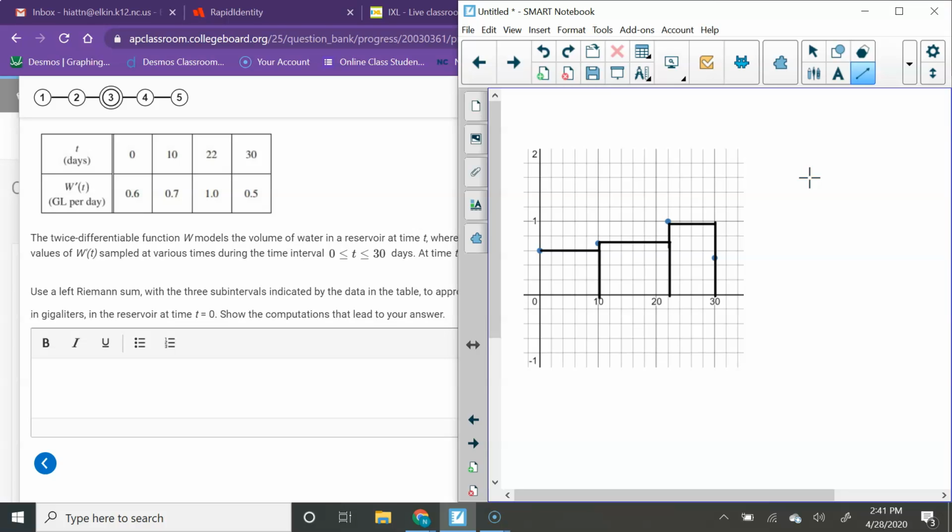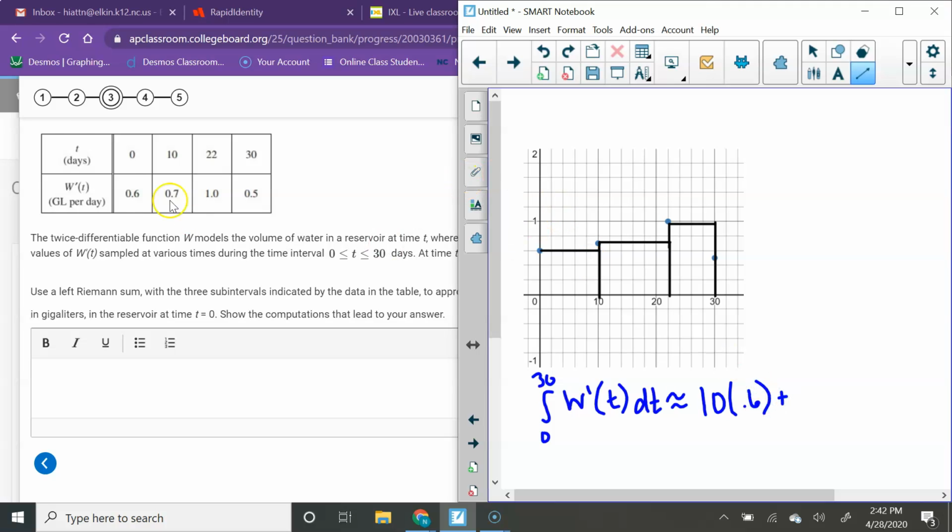So whenever you're estimating this area underneath the curve, 0 to 30 of W prime of t dt is approximately, that first rectangle has a width of 10, and its height would be this 0.6 right here.